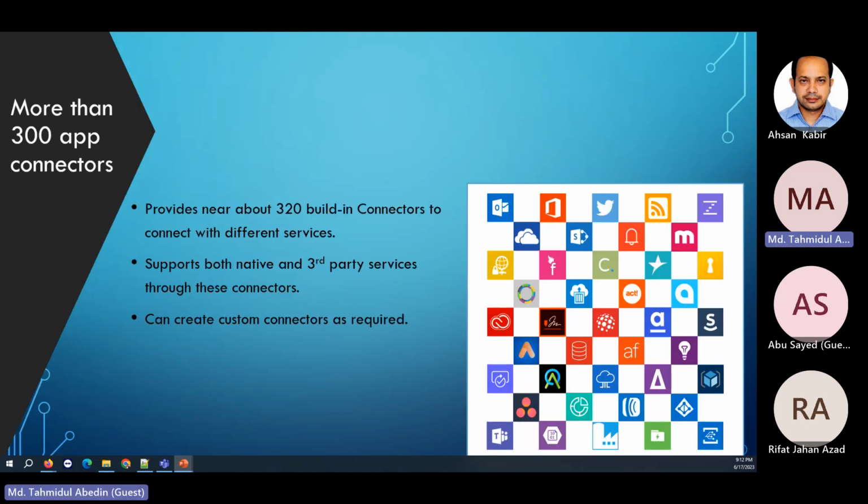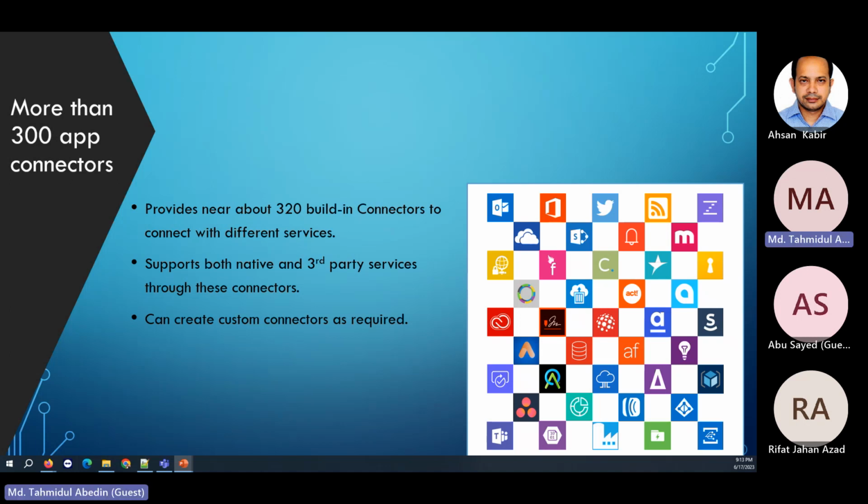Next, we are saying that Microsoft Power Automate has more than 300 app connectors. What are these app connectors? If you see on the screen, there is Outlook, Twitter, even Skype, OneDrive, and many other things.